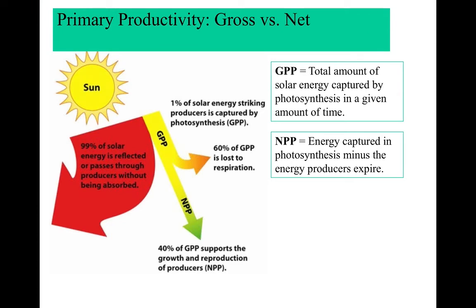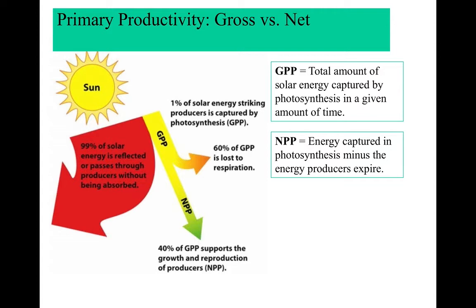Let's look at some terms that relate to primary productivity. Solar energy. Turns out that producers are only able to capture around 1% of the solar energy that is striking them. Around the other 95% is either reflected or even passes through them without being absorbed.